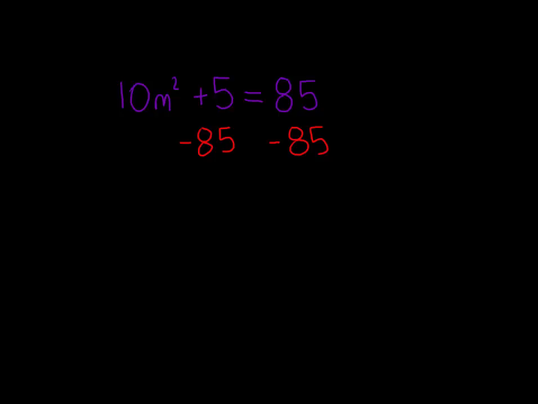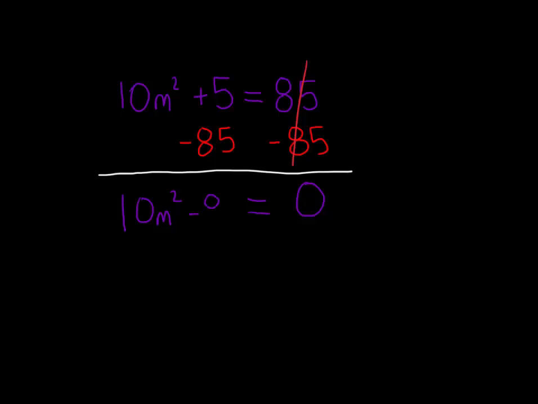So I'm taking 85 from both sides, and of course these will cancel, leaving 0. And on the right hand side, the 10m squared will come straight down. 5 minus 85 is negative 80.